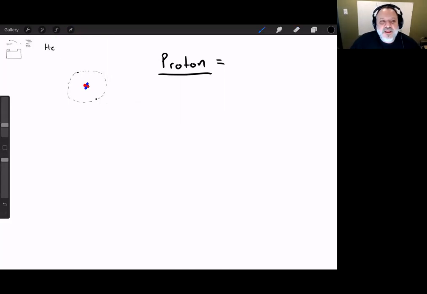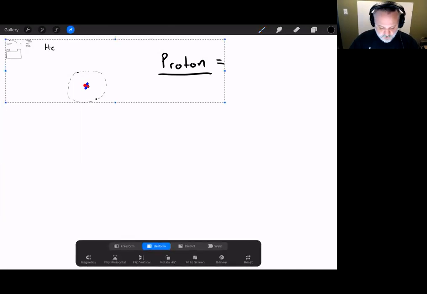The proton and neutron happen to be the heavy ones, the ones that carry most of the mass. And the proton and the electron happen to have all the charge. So what I want to do now is define these particles in terms of their properties and what they do for the atom.